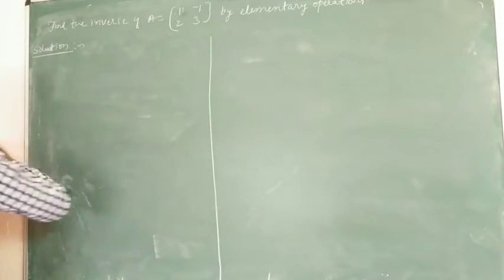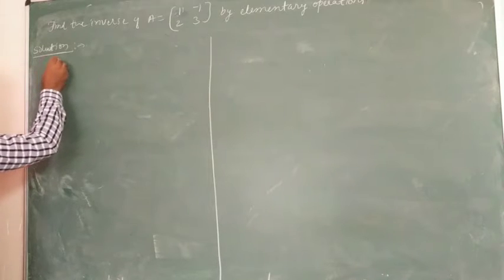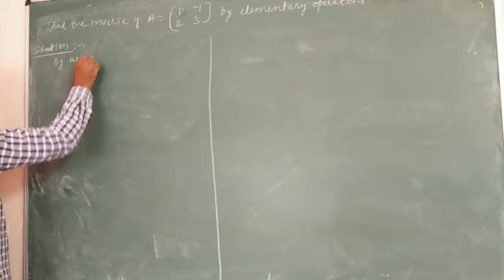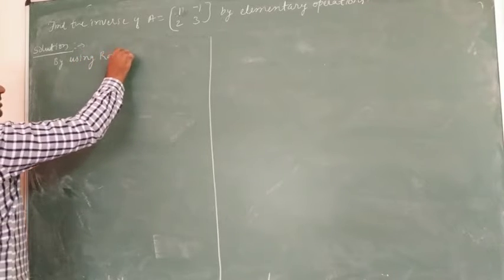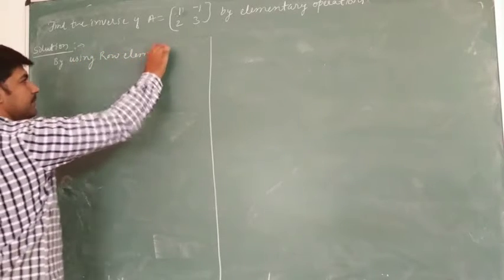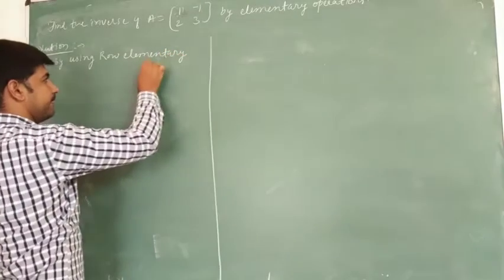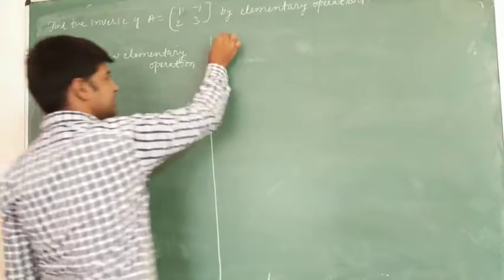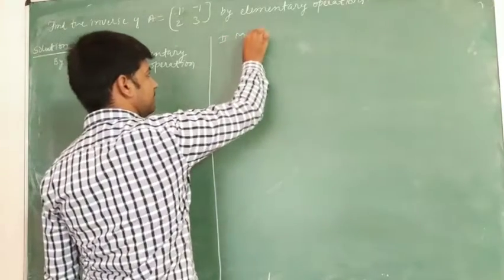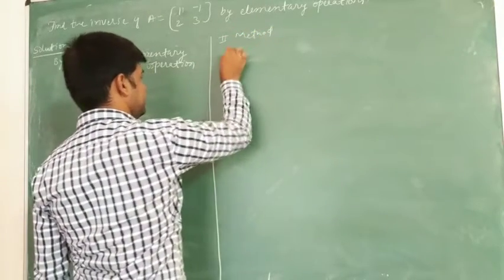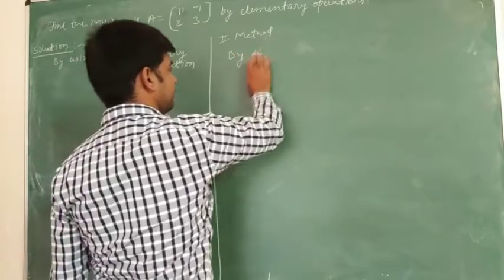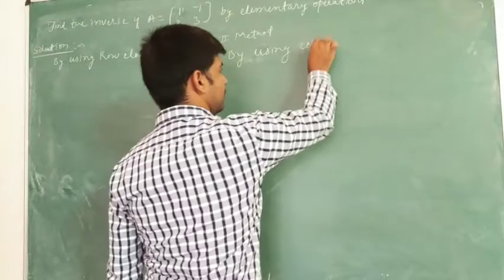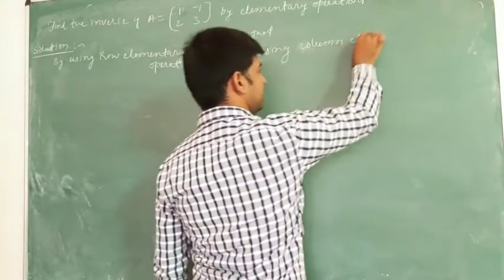So there are two parts of the solution of this question. The first part is by using row elementary operations. And the second method is by using column elementary operations.